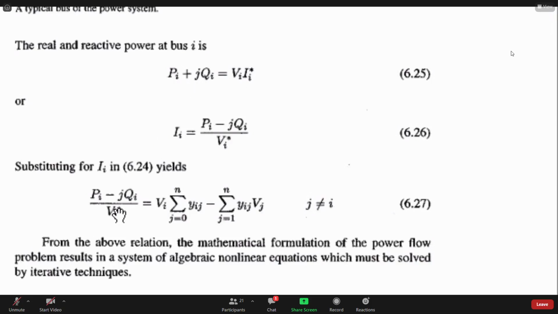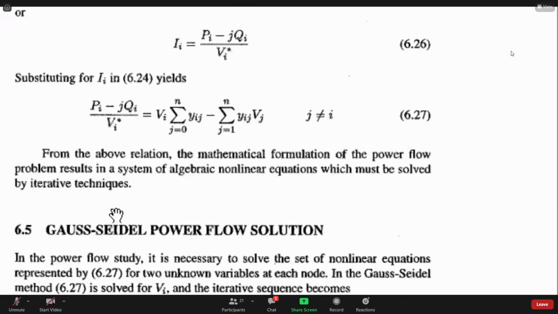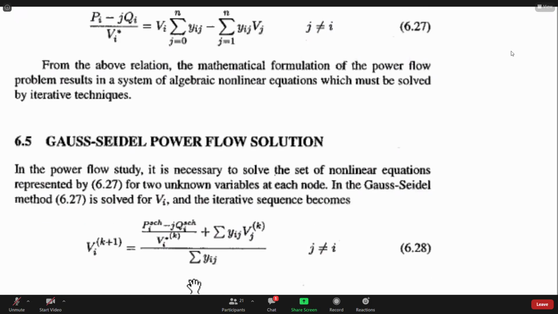When we equate the two currents, in terms of complex power and KCL, we get that equation, which can be simplified in terms of voltage. This is a very important equation for load flow analysis. Remember that, or you can generate it from the basic idea, which was already discussed in the before-mid topics.